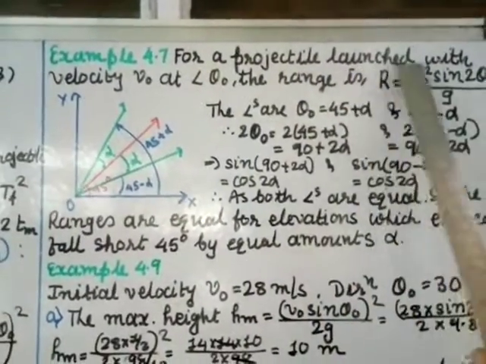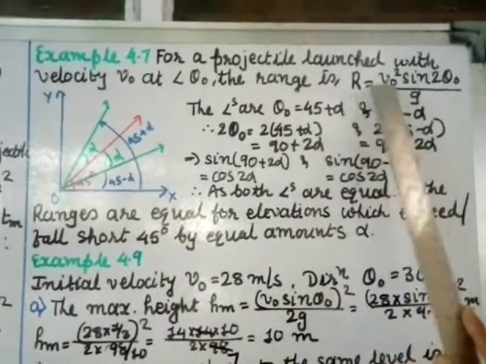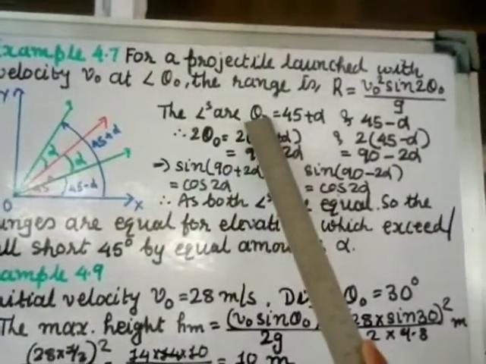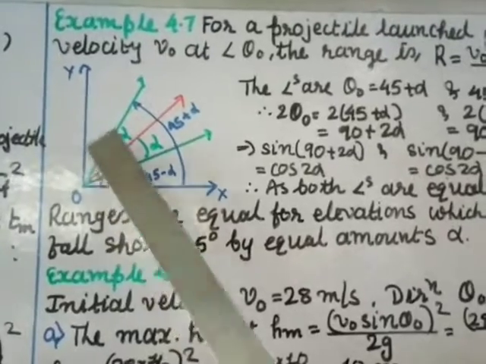For a projectile launched with velocity v0 at angle theta naught, the range is R equal to v0 square sine 2 theta naught by g. This formula which we derived just now, I am writing that. As I already said, you are exceeding or falling short of 45 by an equal amount.